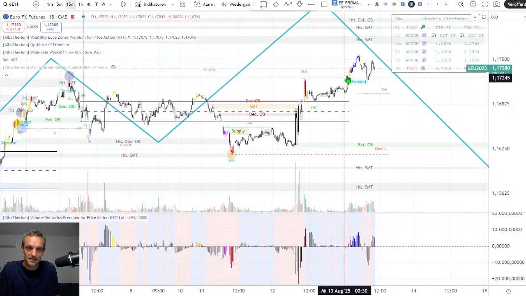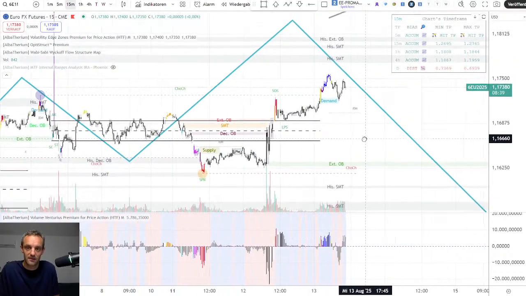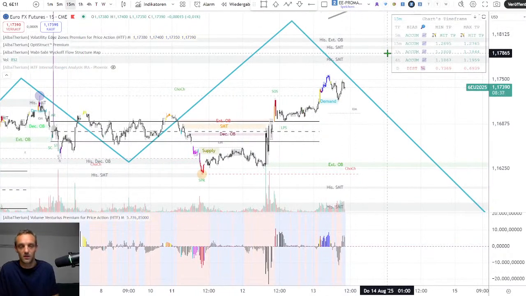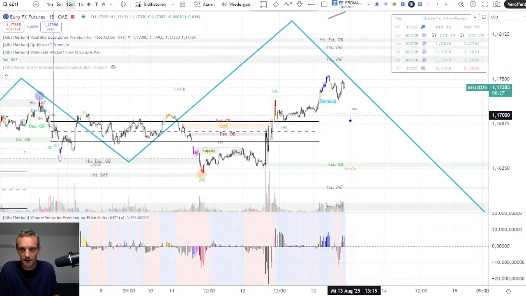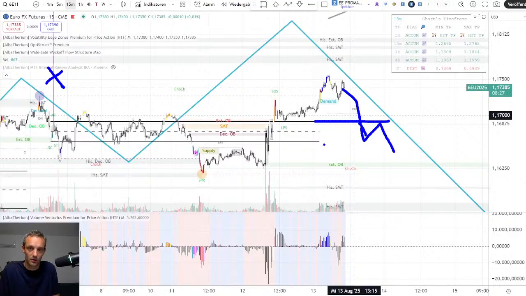So as long as this move stays valid and we continue to the upside, we might reach this target, and I'm wrong with my short idea. But if the market goes back to this range, this target here will be eliminated. And once we go to the lower end, we will see the target on the downside.